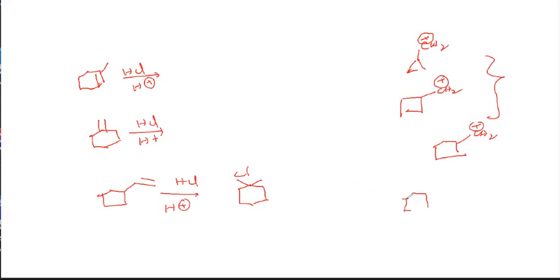Whereas here there are 6 carbons, for example like this. In this last case, ring expansion is not possible.